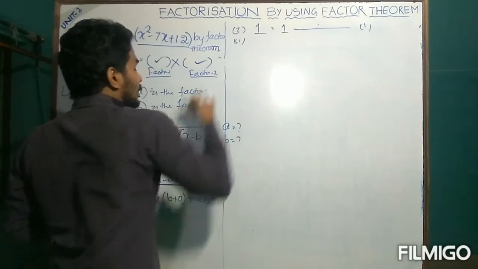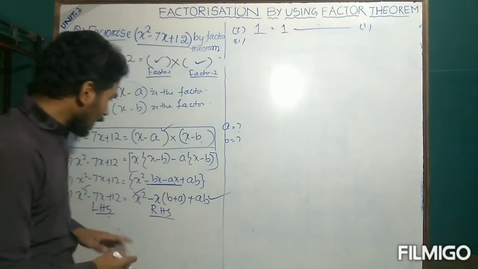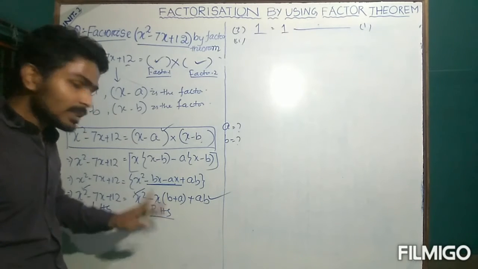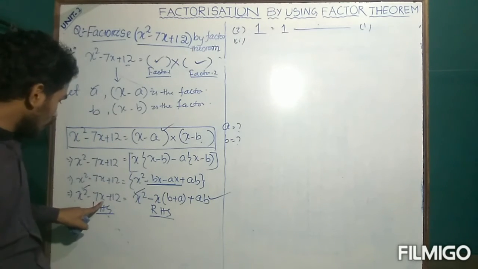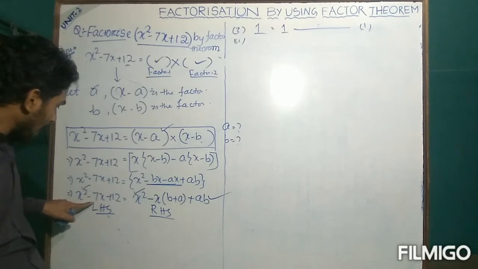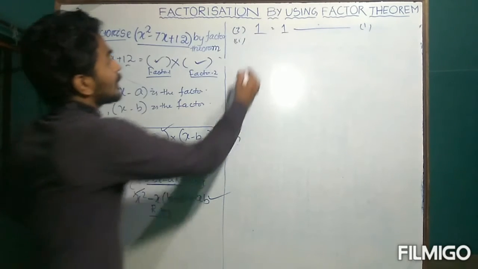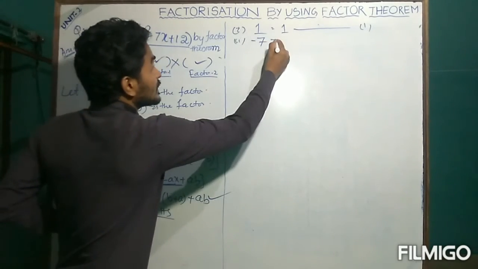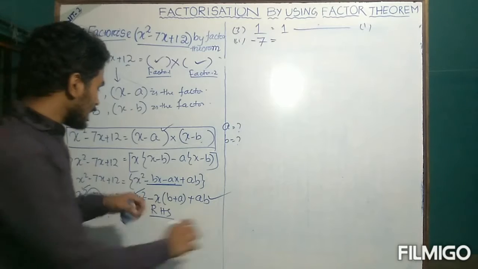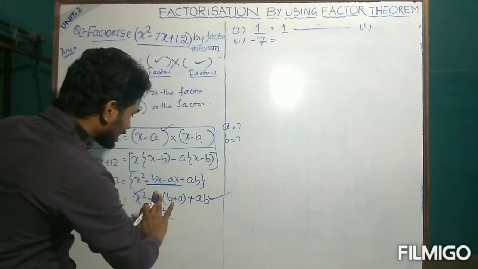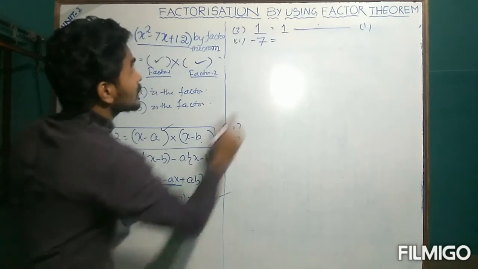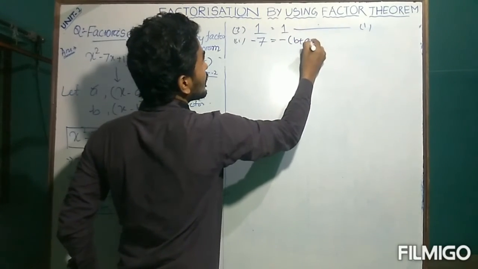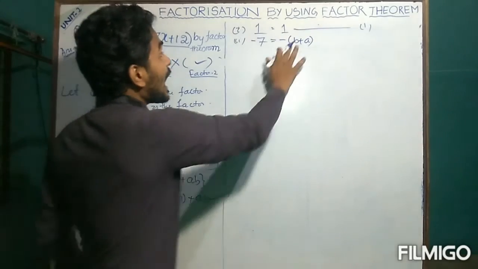Now write the second one. We compare the coefficient of x of LHS with the coefficient of x of RHS. See it carefully. The coefficient of x is minus 7, so write minus 7 here, equal to the coefficient of x of RHS.